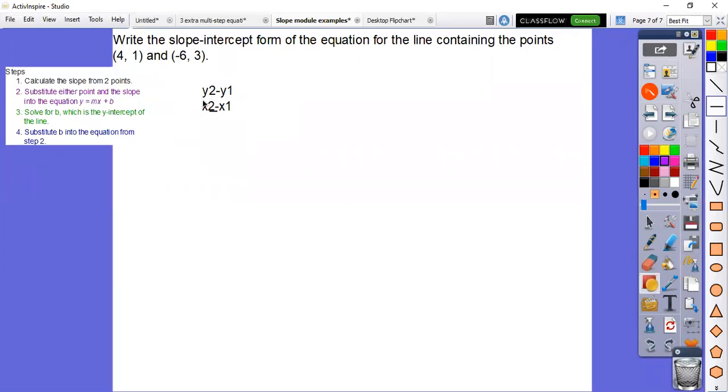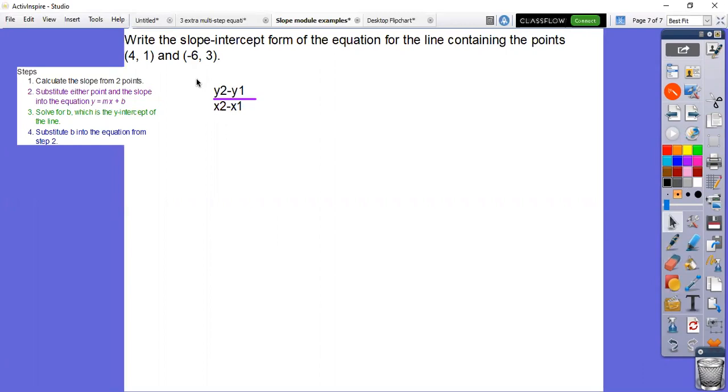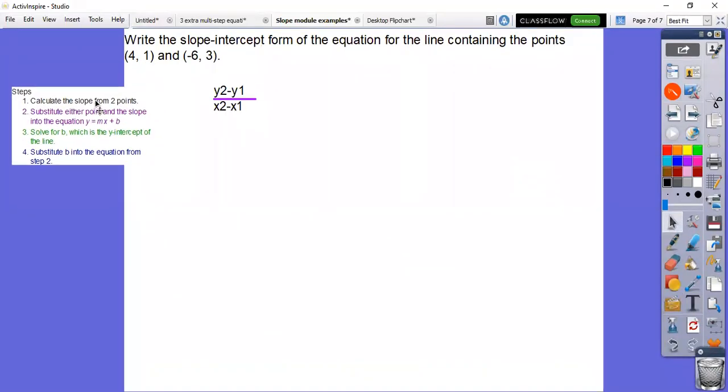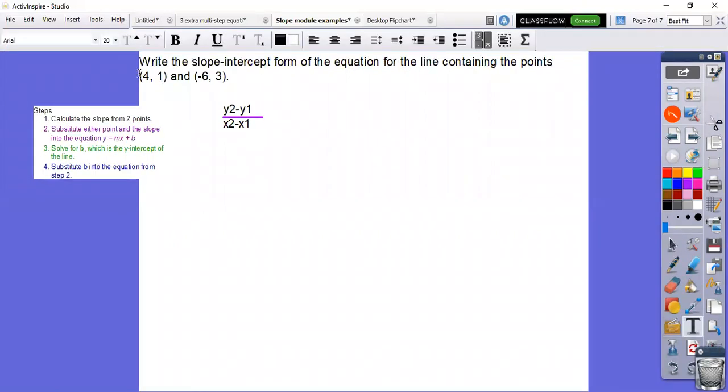I am going to identify (4, 1) to be my x1, y1. And I want my (-6, 3) to be my x2, y2.